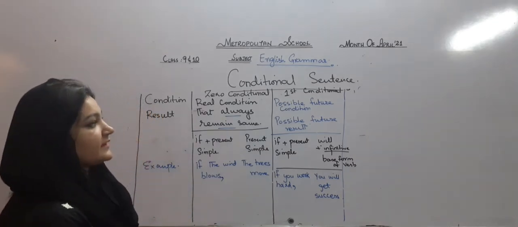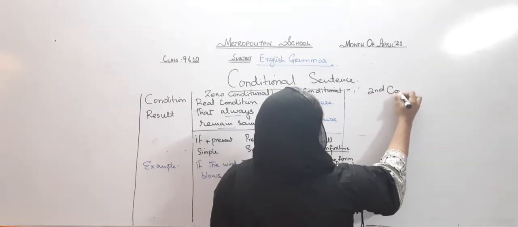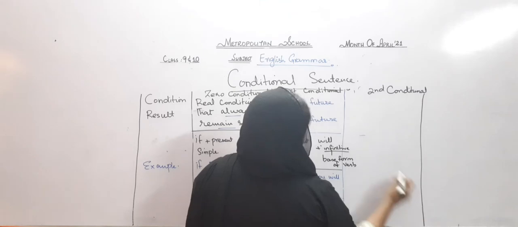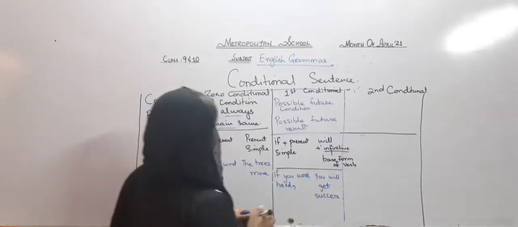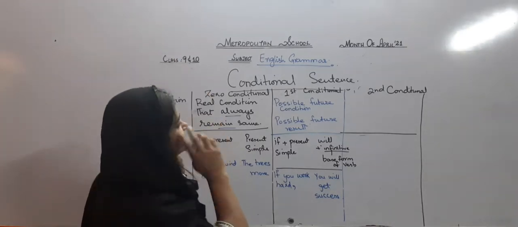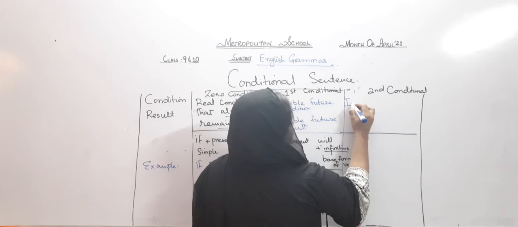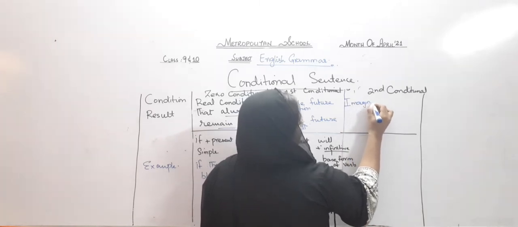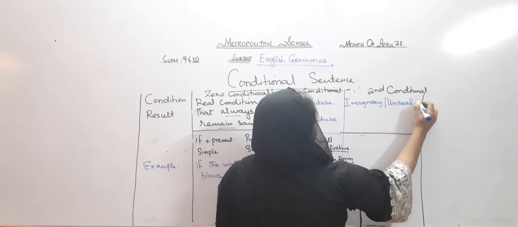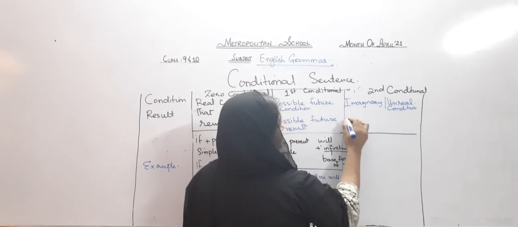Now come to the second conditional. Again, we are going to study the second conditional sentences. Here we have imaginary or unreal conditions and imaginary, unreal results.